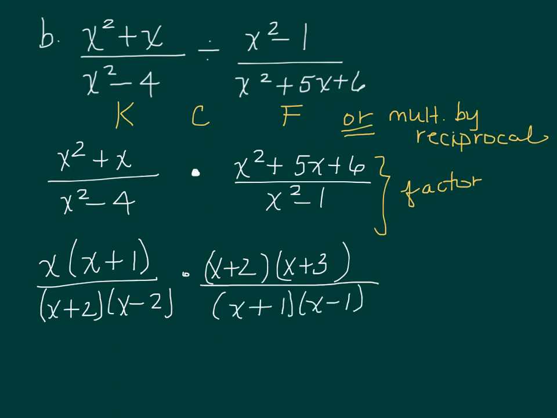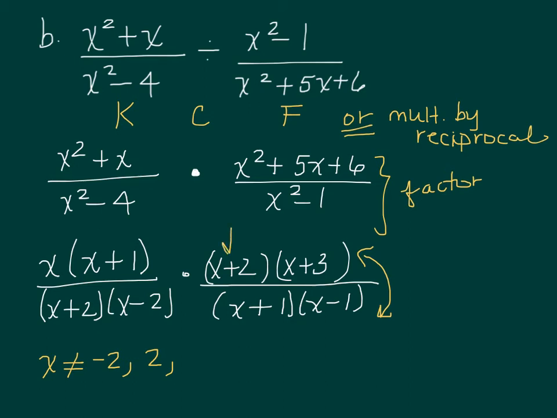Okay, before we divide, we're going to find our restrictions. Now, because we multiply by the reciprocal, we have to restrict both the top and the bottom here. But here you only have to restrict these, so that'll be -2, 2. I'm going to restrict the top.